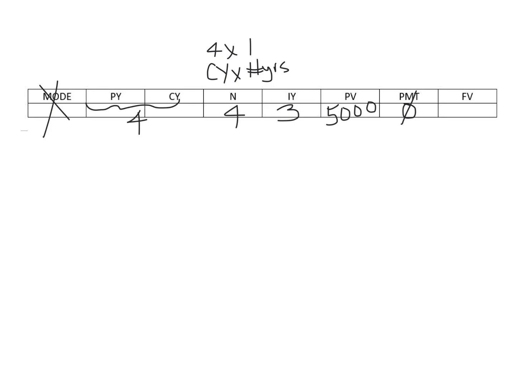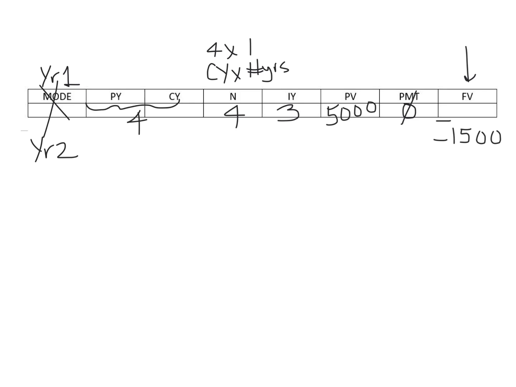So for our first year, year 1, I'm going to say we have those values. PY, CY 4, N is 4, IY is 3, PV is 5,000. We're going to compute our FV. At this point then, for our year 2, we're going to take this future value. We're going to subtract that payment of $1,500 that she's going to put in.